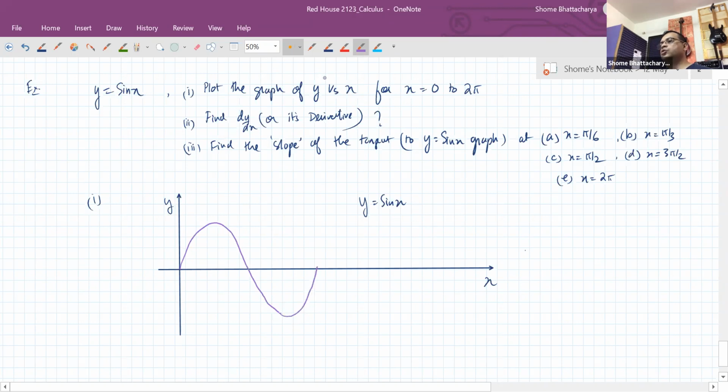We plotted just up to 2 pi. It looks like this.